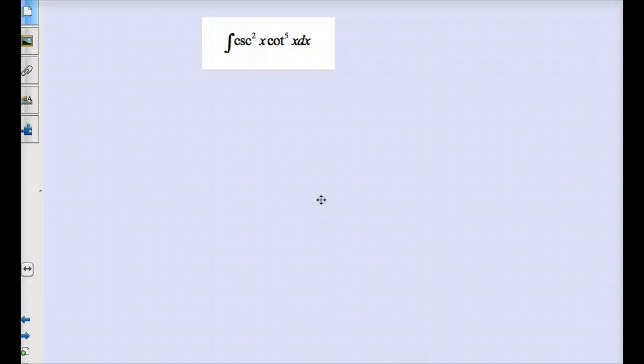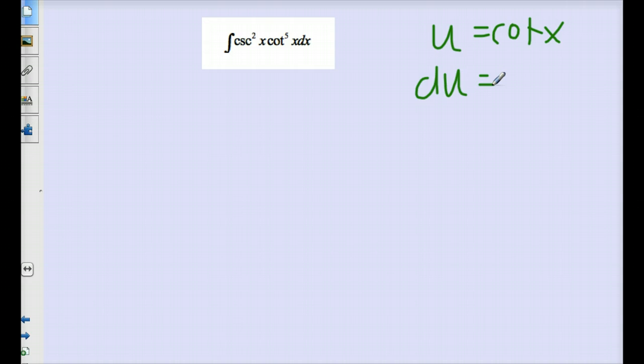And so if you take a look at this, we notice that if I were to set my u to be cotangent of x, when I take the derivative, I know that the derivative of cotangent is negative cosecant squared of x dx.